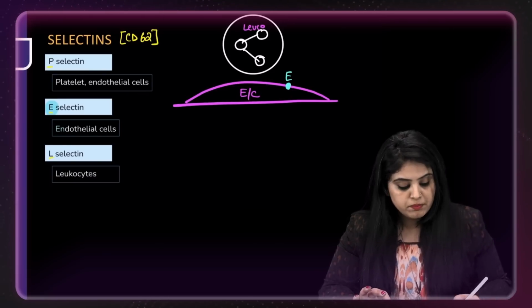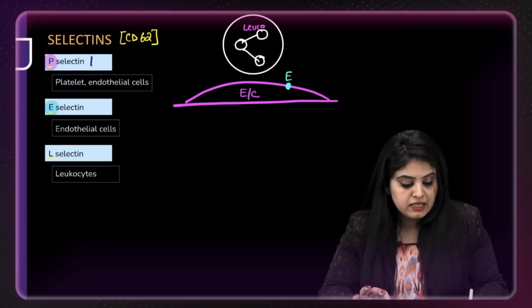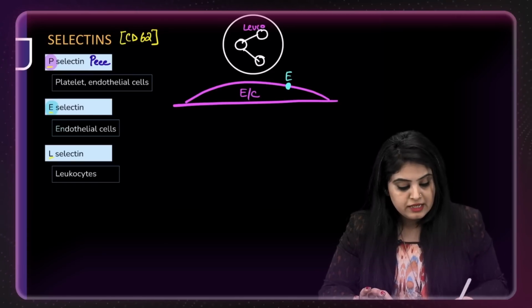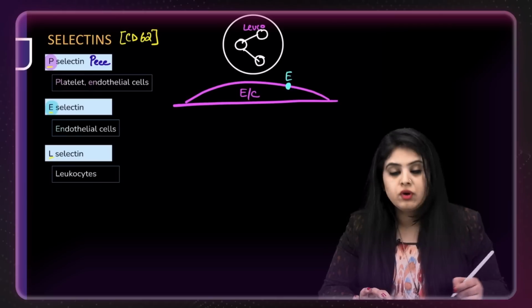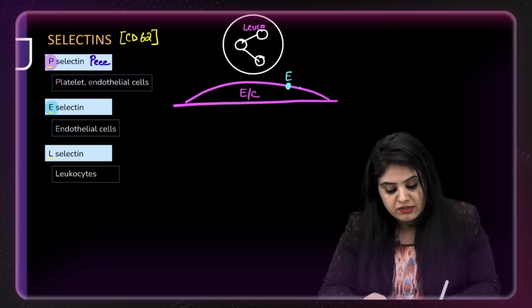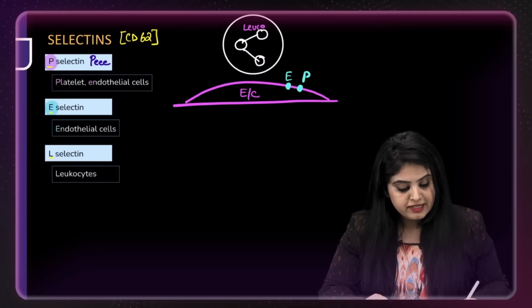Okay. What about P-selectin? How do you say P? If I start to write P, it sounds like P-E-E. So P-selectin is present on P for platelets and E for endothelial cells. Platelets are not drawn here, so endothelial cells also have the P-selectin. Where are the L-selectins present?